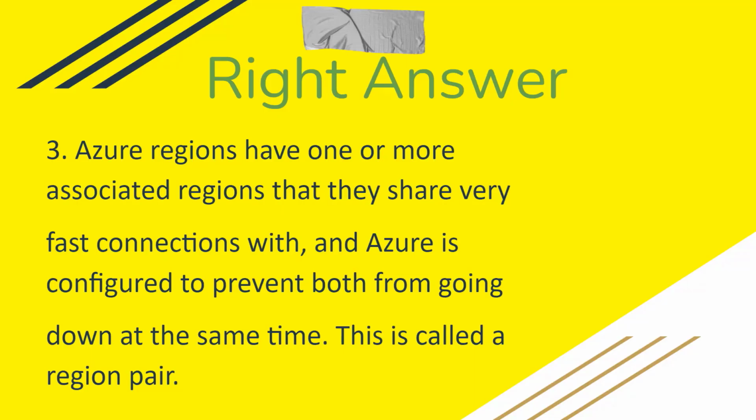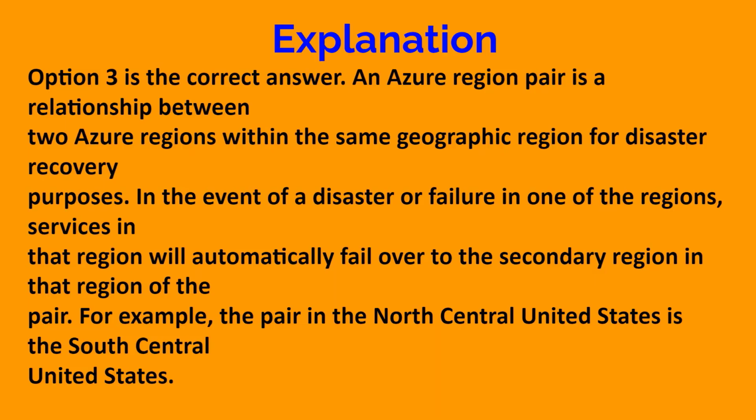Right answer is 3. Azure regions have one or more associated regions that they share very fast connections with, and Azure is configured to prevent both from going down at the same time. This is called a region pair. Explanation. Option 3 is the correct answer.